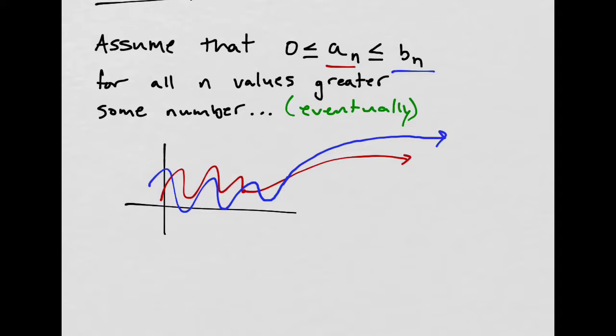Something like this, where eventually B sub n, like on a graph, we can think of it like a function. Of course it's not a function, but we can think of it as a function where B sub n is the higher function. It's the function that's closer to the top of the graph than A sub n. Hopefully that makes sense.